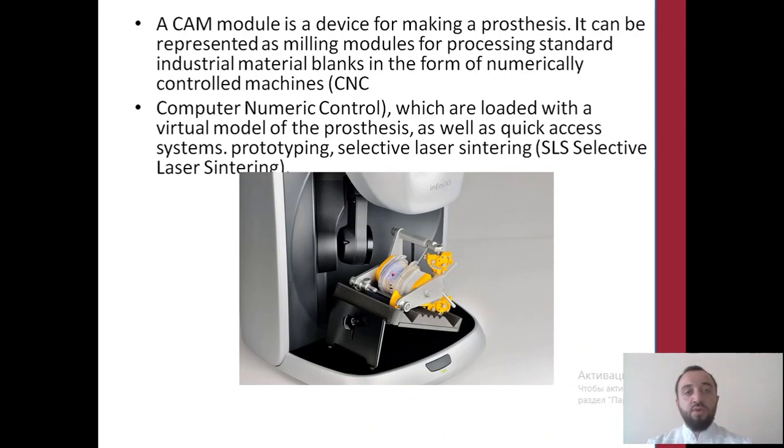A CAM module is a device for making a prosthetic. It can be represented as milling modules for processing standard industrial material blocks in the form of numerically controlled machines, computer numeric control, which are loaded with the virtual model of the prosthetics, as well as rapid prototyping systems and selective laser sintering.